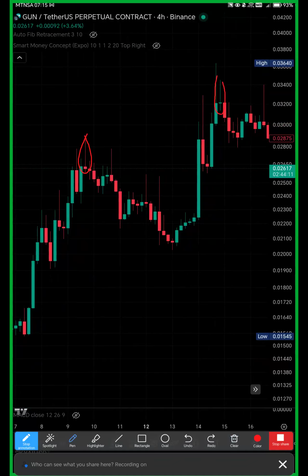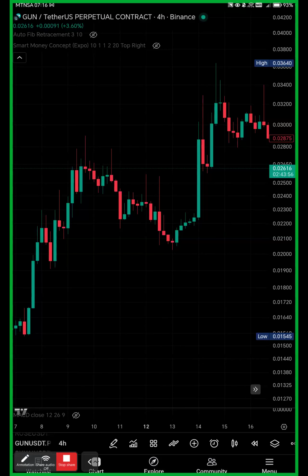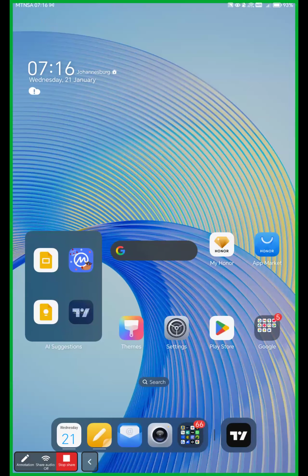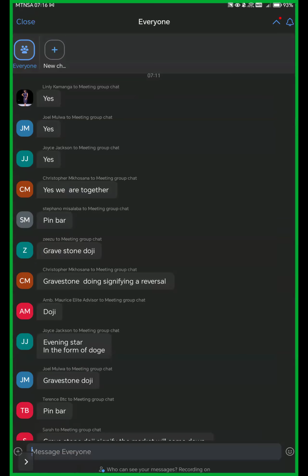So between this candle and this one, which one is a pin bar? Which one is a shooting star? Because a pin bar is a shooting star. Between this candle and this one, which one is a shooting star? I'm giving you some clues now.